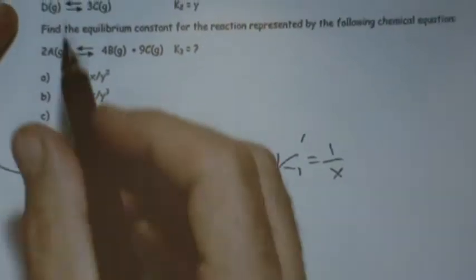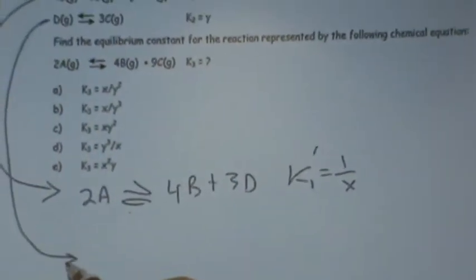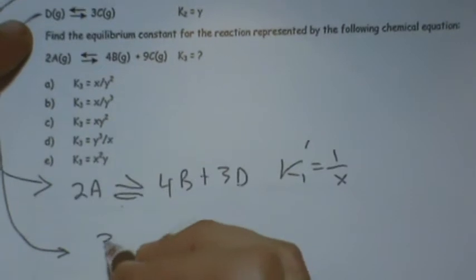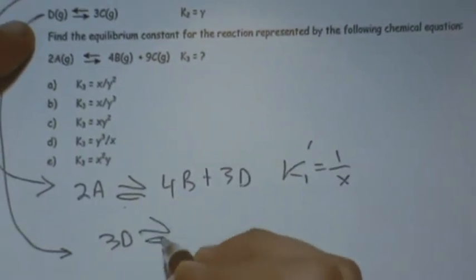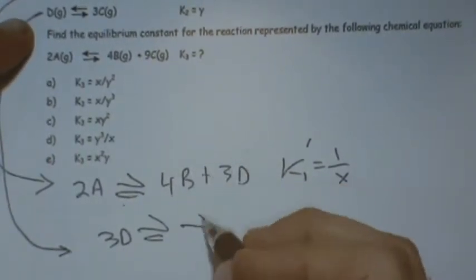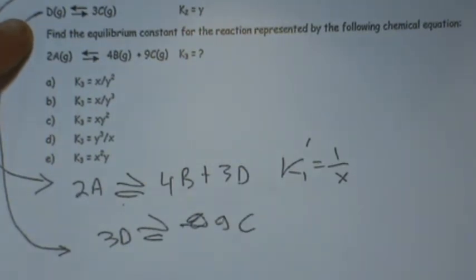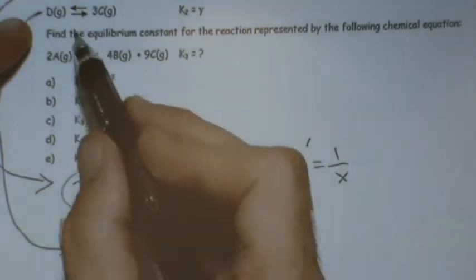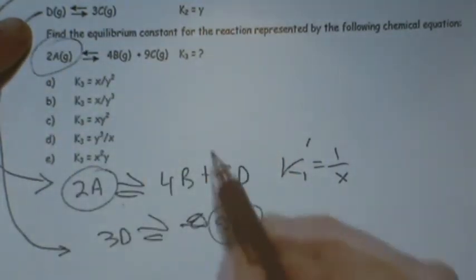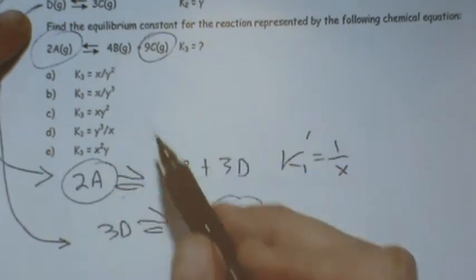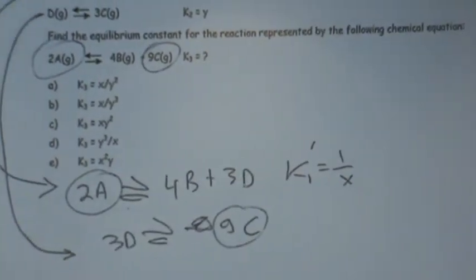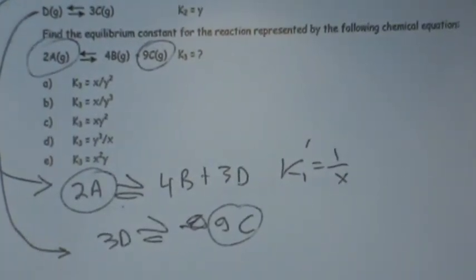I'm going to multiply this one by 3. So it's going to become 3D gives me 9C. Do you agree with that? That way I will have what I want. I will have this, here it is, and this, here it is. What happens with the other ones? Magically they will come to their place.